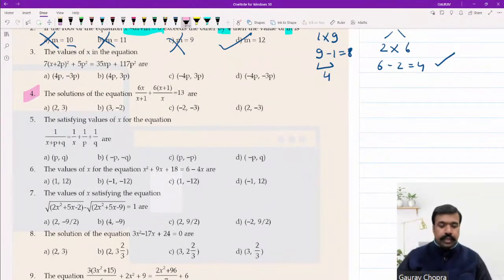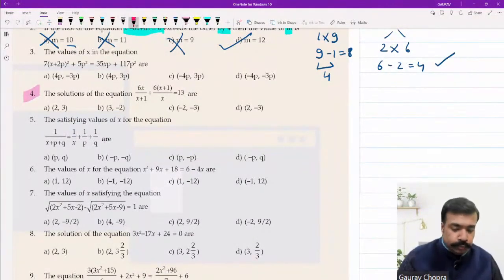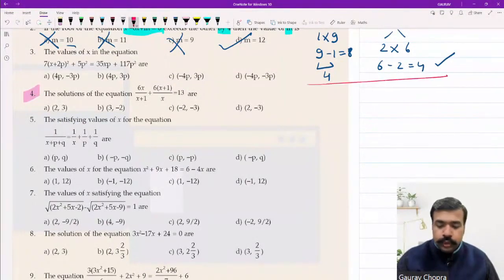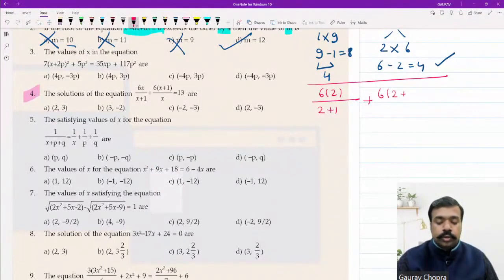Okay. So let us try with 2. If we try with 2, it will come as like 6 into 2 upon 2 plus 1 plus 6 into 2 plus 1 upon 2.